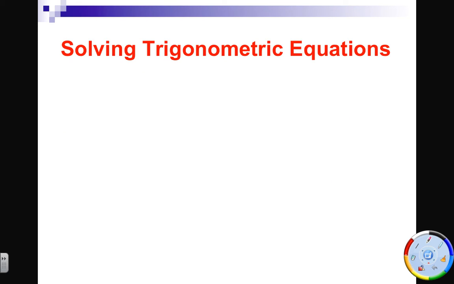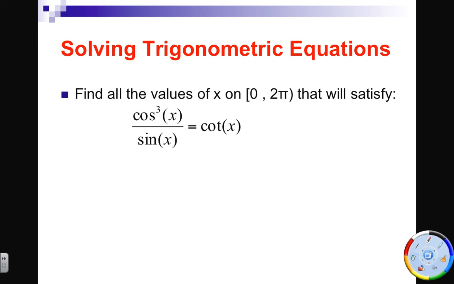All right, I believe this is the last piece for this particular lesson. Find all the values of x on 0 to 2 pi that will satisfy this statement. That's kind of hard. But it's not as hard as you think it is. Because this is an equality, I can deal with equality. I can multiply both sides by sine.